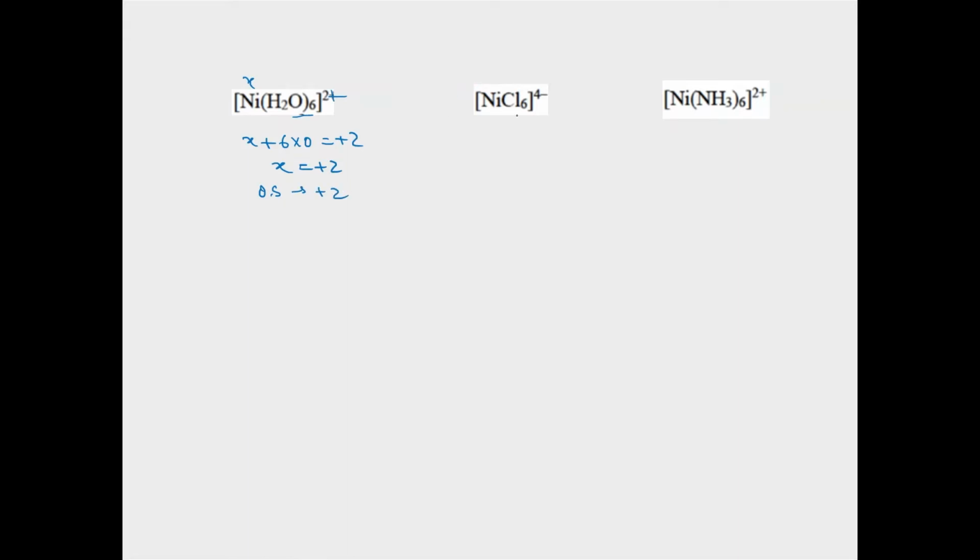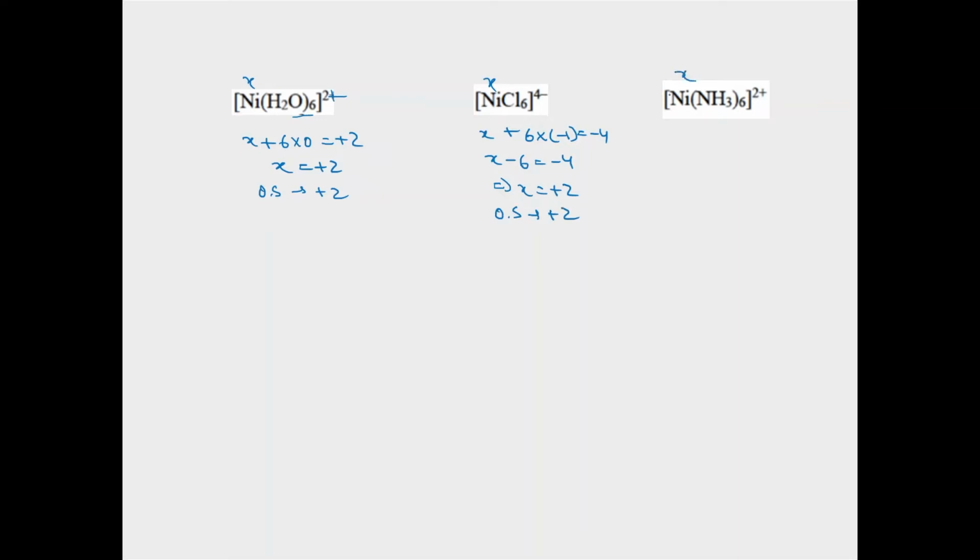Now for this complex, X plus 6 times Cl, which carries a charge of minus 1, and the charge of the overall complex is minus 4. So X minus 6 is equal to minus 4, or X is equal to plus 2. So in this case also nickel is in plus 2 oxidation state.